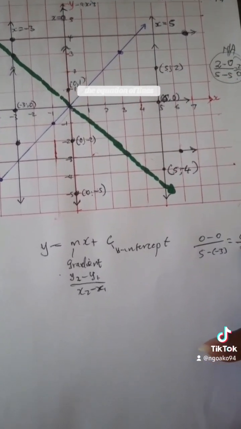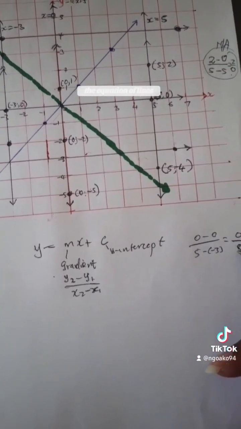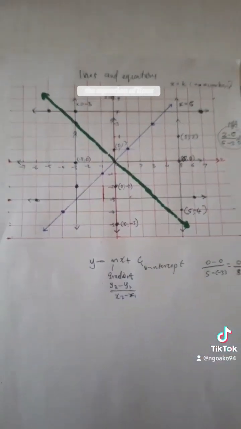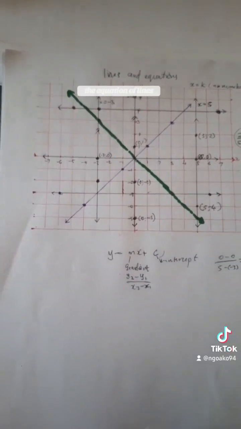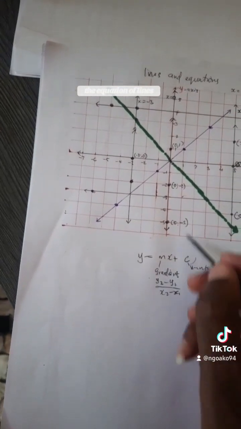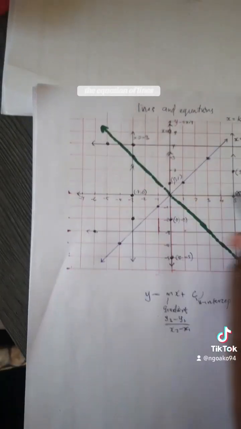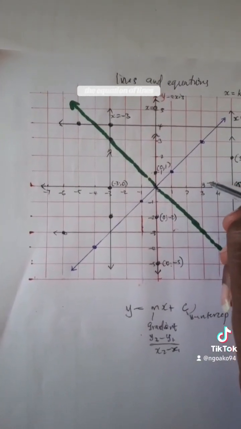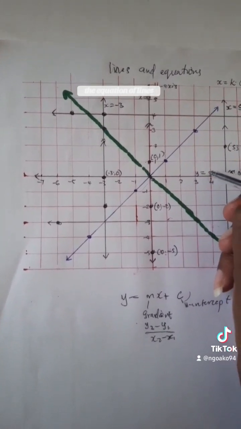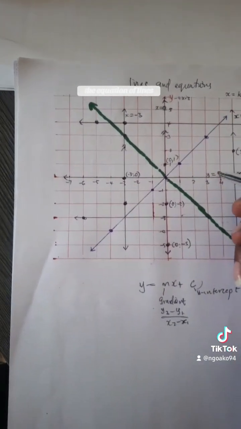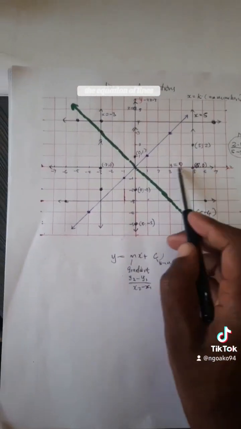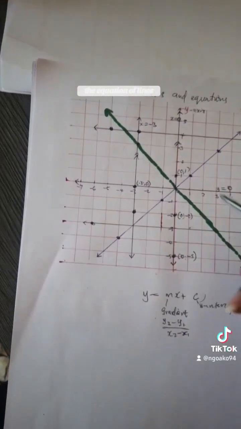But 0 divided by any number, which is 8 in this case, will be 0. So the gradient here will be 0. If you multiply by 0, then we're only left with c. So the equation of the line that is horizontal is y equals 0 in that case.